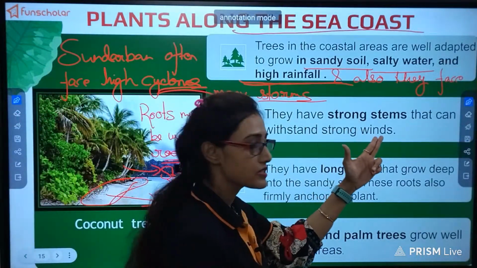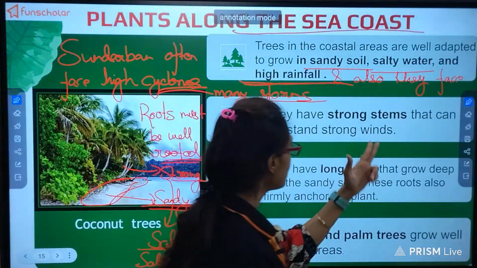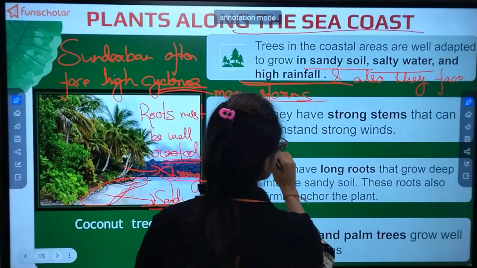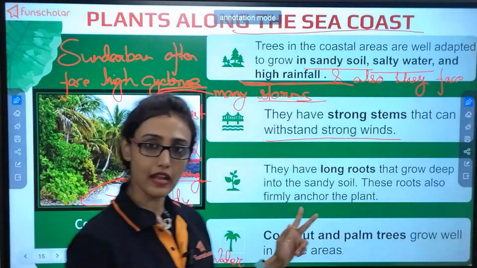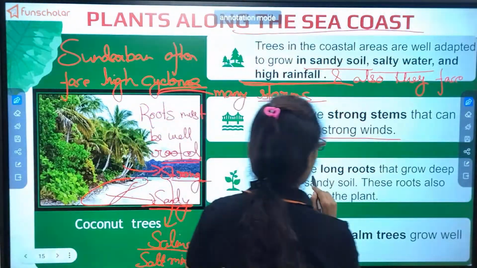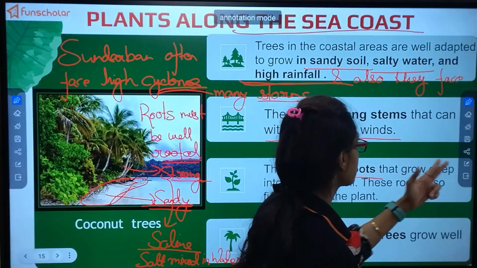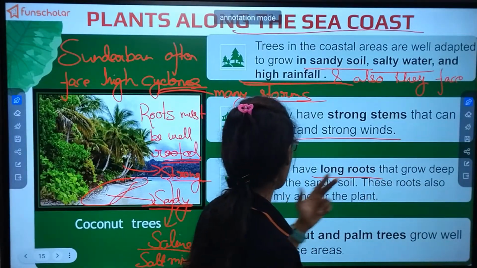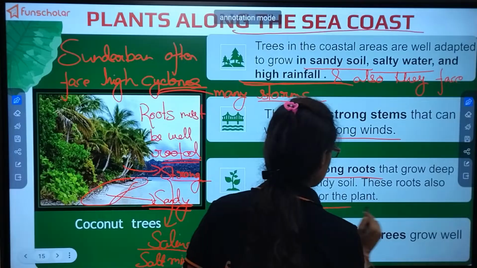Now let's go to the second point. They have strong stems. Yes, ma'am, they do have strong stems that can withstand the strong winds, right? They have long roots. Yes, ma'am, they have long roots that grow deep into the sandy soil. These roots also firmly anchor the plant.